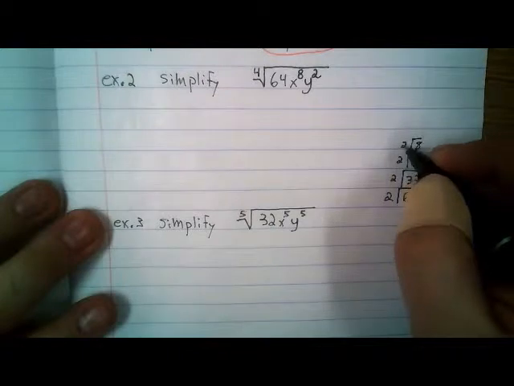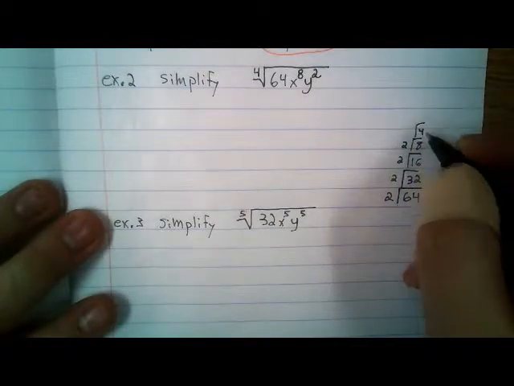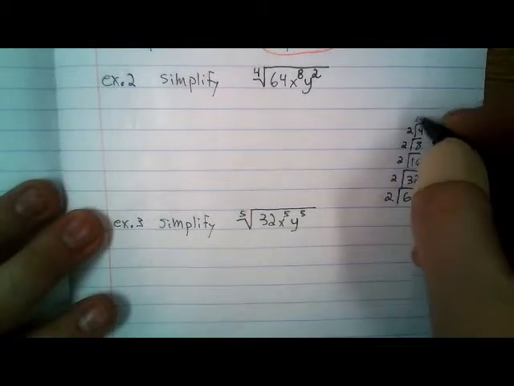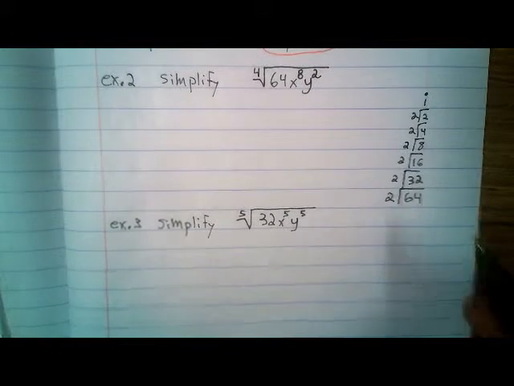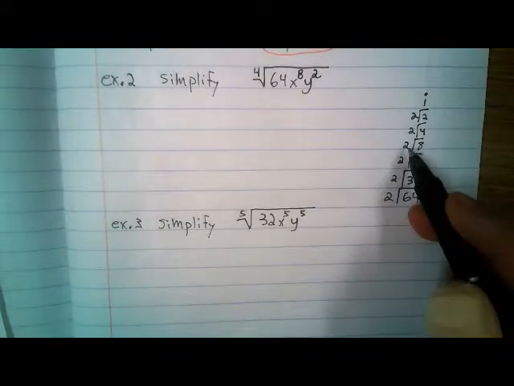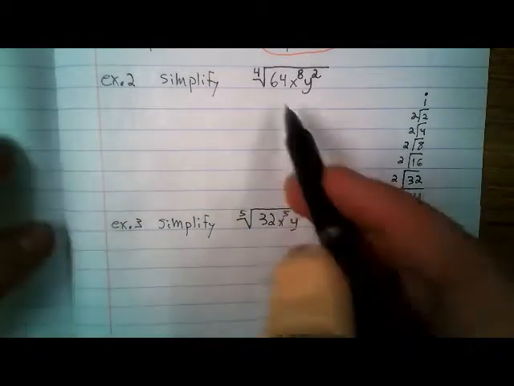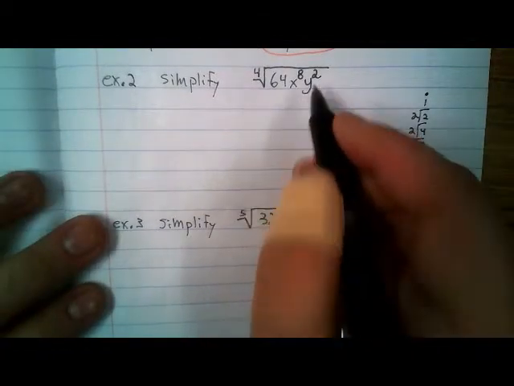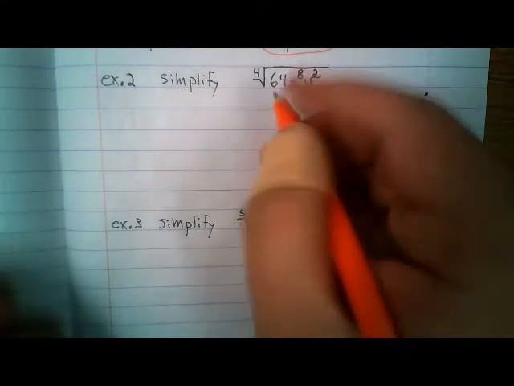And again, and again, and one last time. So 64 is 2 times 2 times 2 times 2 times 2 times 2. So a lot to that one. But now I'm going to write the prime factorization of my radicand. So I'm going to do that in red.